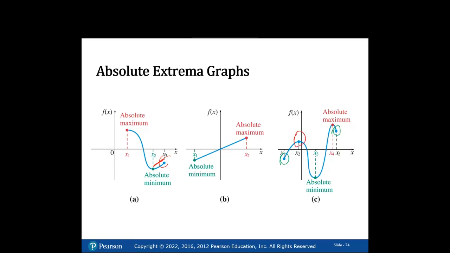There are still mins and maxes, they're just not the absolute ones, because f of x4 is a greater value than f of x2, and f of x3 is a lesser value than f of x1 or f of x5. So we still have locals and we have absolutes. We just need to distinguish between the two.